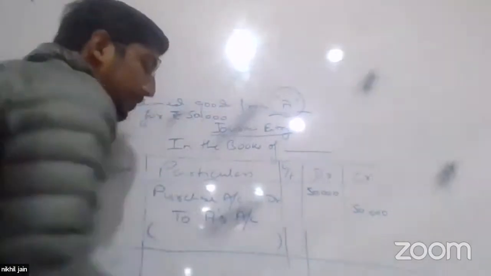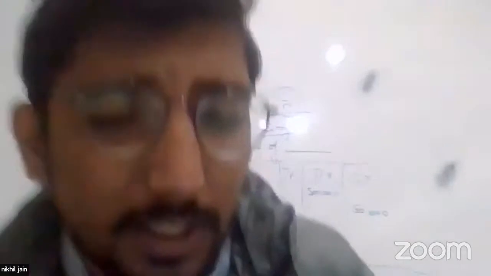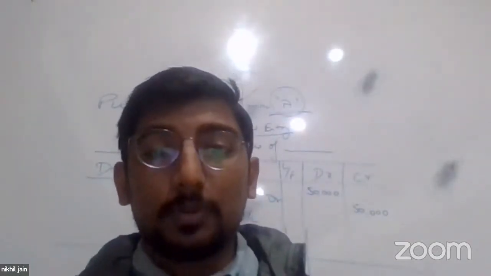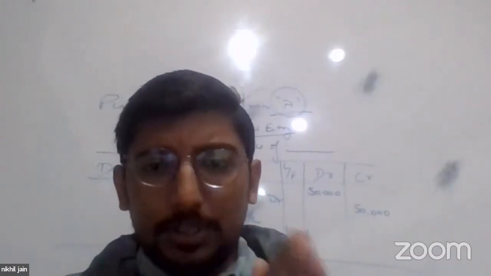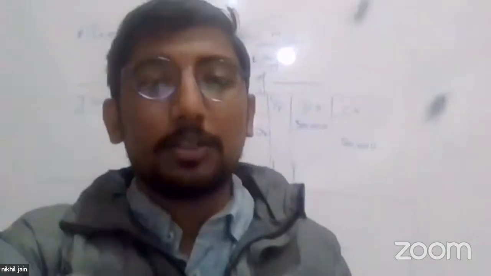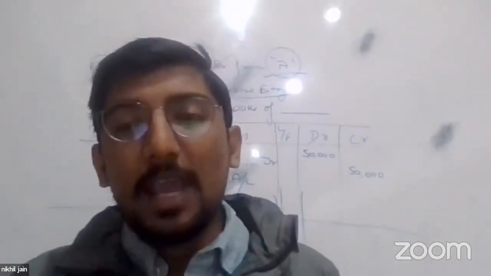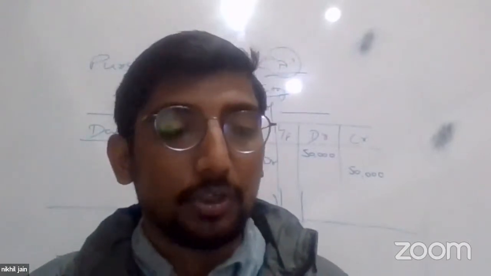This is all about presentation. See, we have learned how to pass journal entries in 11th, but the presentation is also really important. So we have to understand the presentation part also. After recording every journal entry, we have to draw a line after the narration.